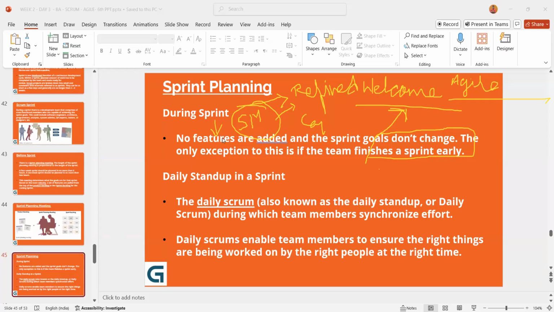Yes, you are right. But what will you do when a feature comes in between? What you understood is right, that it has to be done at the beginning. But say, for example, this is a 3 week sprint, and you are in the second week, half of the sprint.